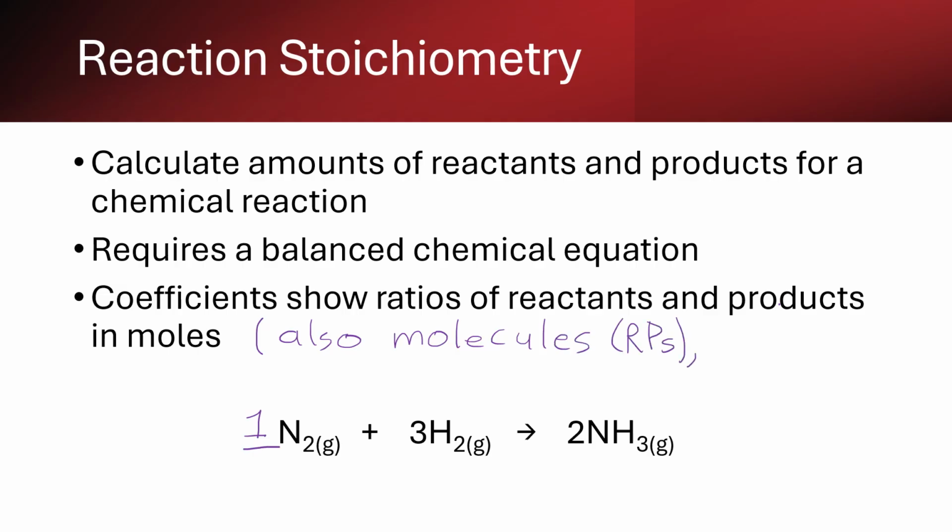And if everything that we're talking about is a gas, also in terms of the volume. So we typically talk about these ratios as if it's all about moles, but it also can be molecules and volume.